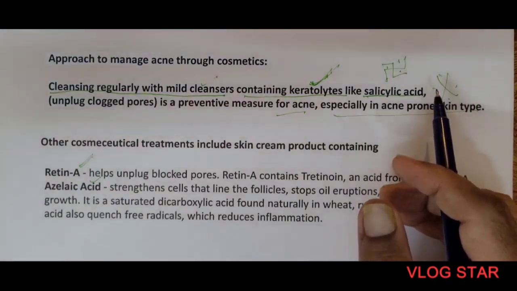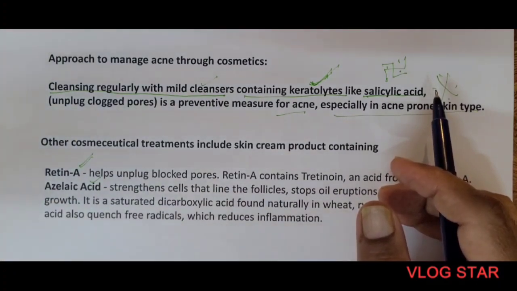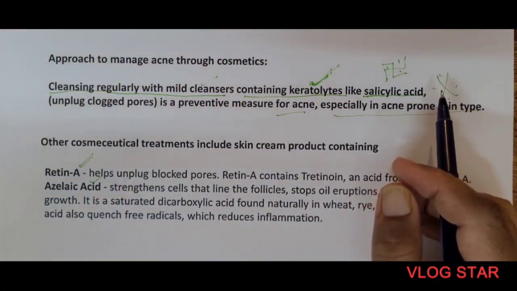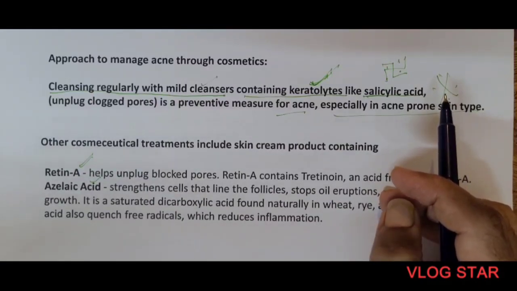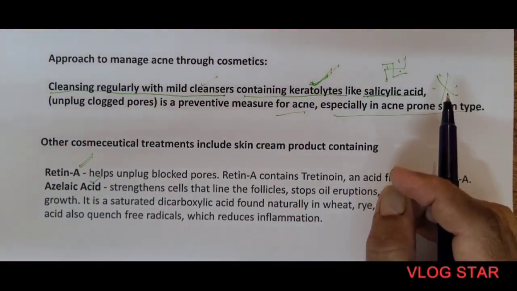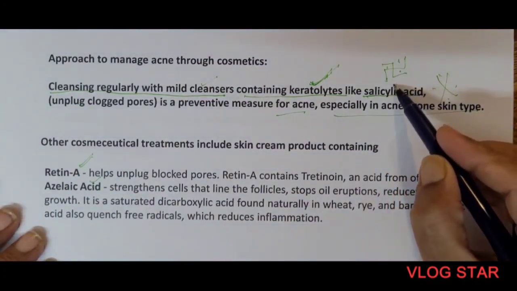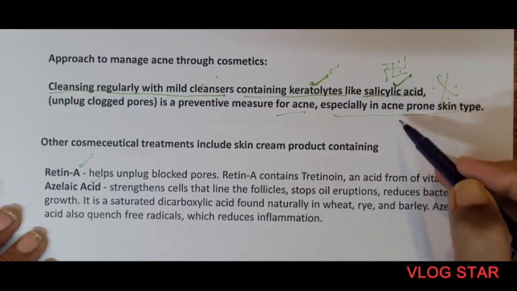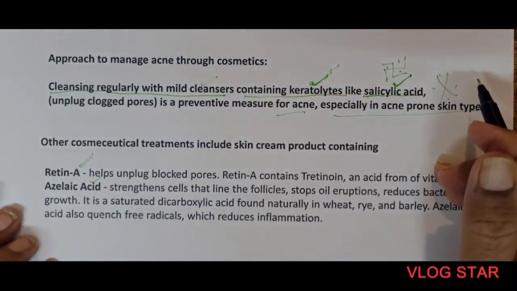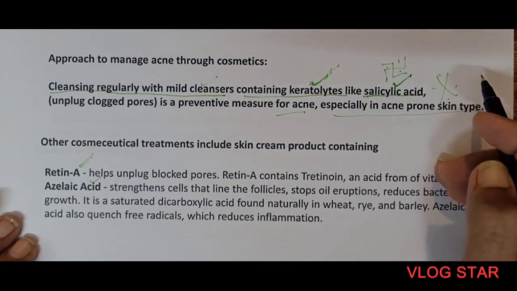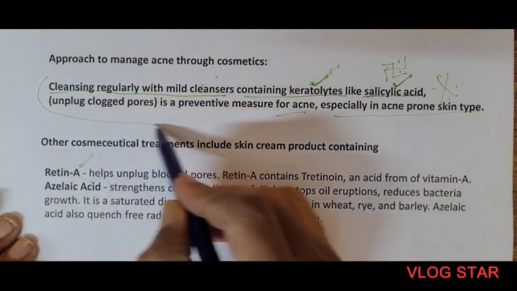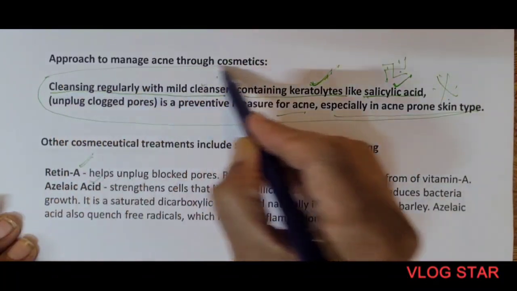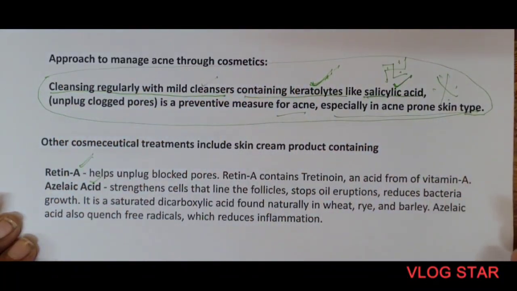So, a simple way to address or prevent acne is regularly using mild cleansers, especially for acne-prone skin, cleansers that contain keratolytics like salicylic acid. Salicylic acid is a commonly used keratolytic in an acne control face wash. This is the most important way of addressing acne through a cosmetic product.